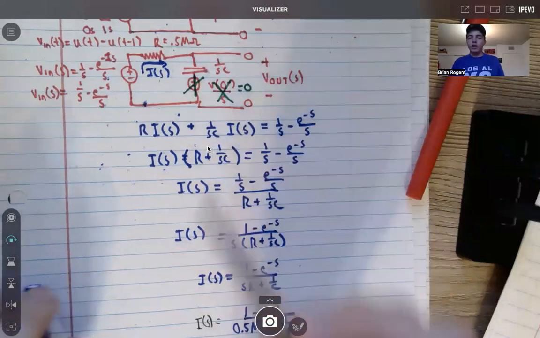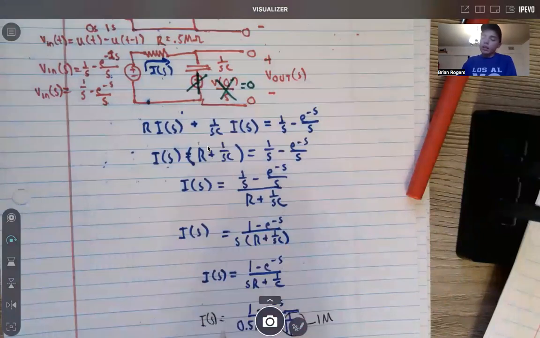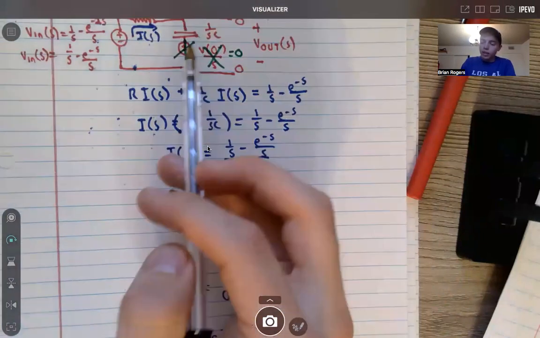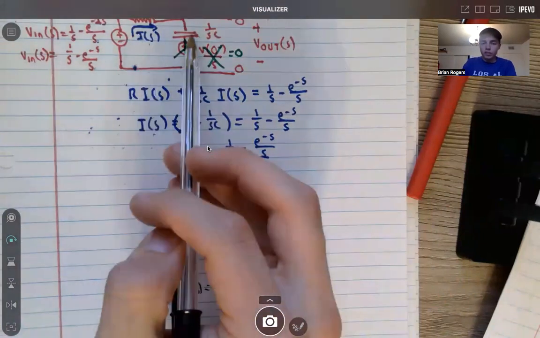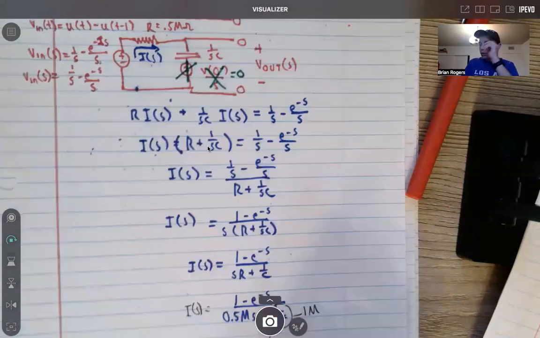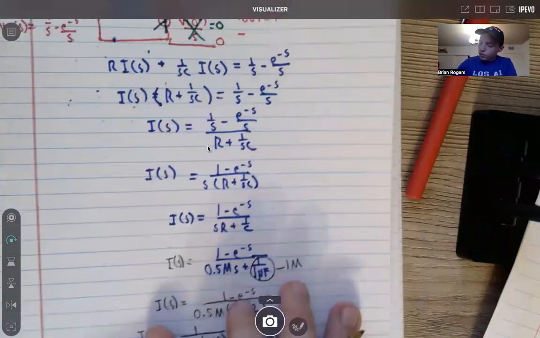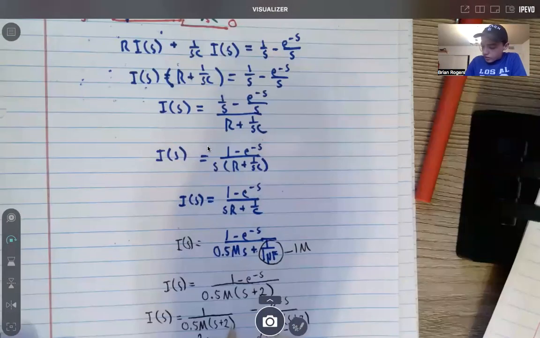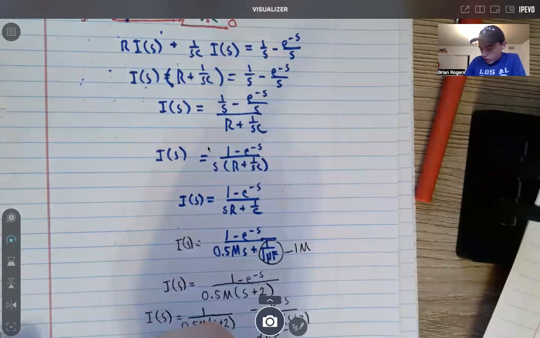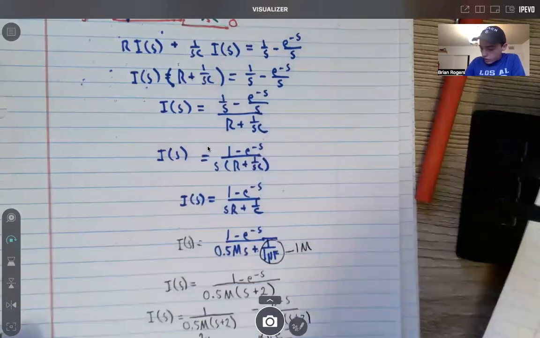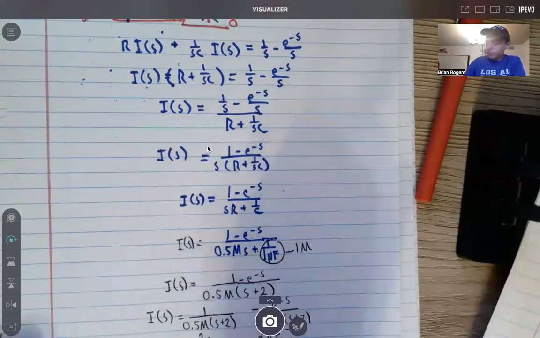In the s domain, because now this is all converted to impedances, your voltage is just going to equal the current times the impedance. And so our V out of s is going to equal 1 over sC times I of s.